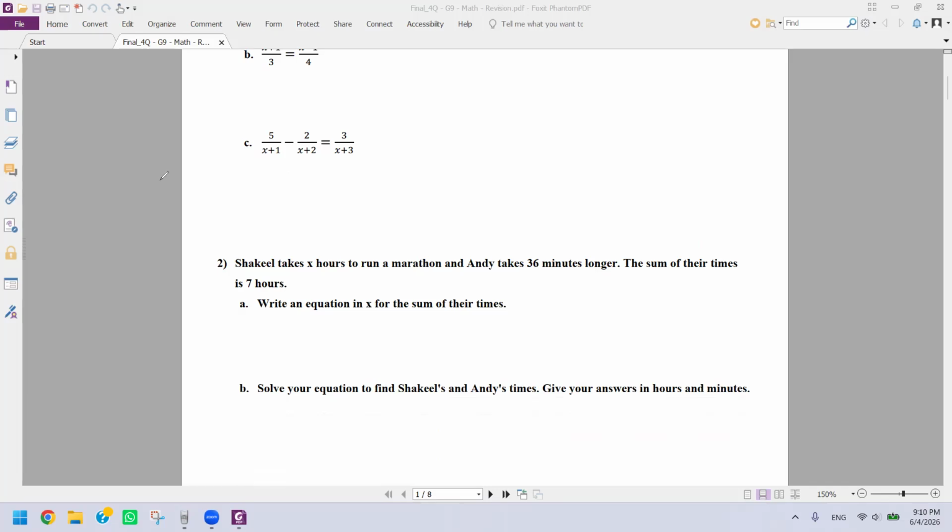First, I will multiply here by x plus 2. And for the other fraction, I will multiply by x plus 1. You know, you multiply up and down by the same value. So first, I multiply x plus 2 by 5. So x times 5 is 5x.